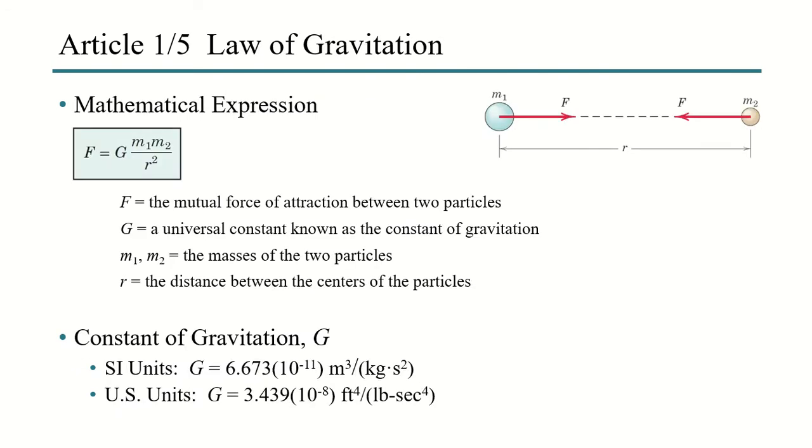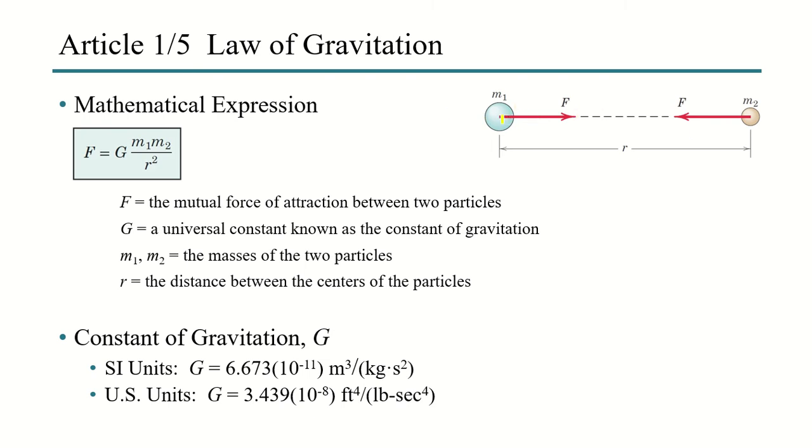Now the law of gravitation has this mathematical expression: F is equal to G, capital G, times the product of M1 and M2, divided by R squared, where M1 is the mass of particle 1, M2 is the mass of particle 2. We have to refer to this illustration here, class. R is the distance between the centers of the two particles.